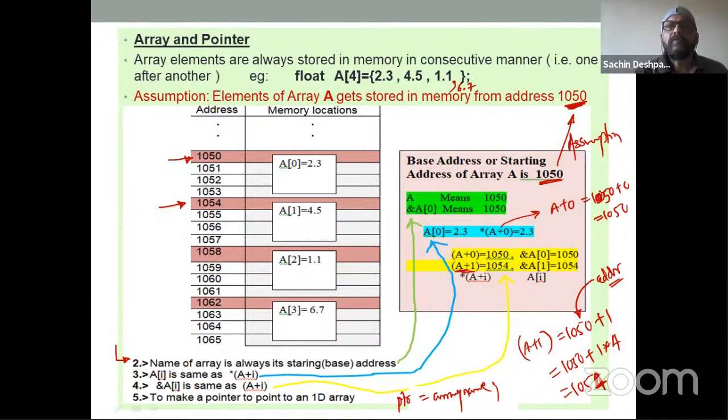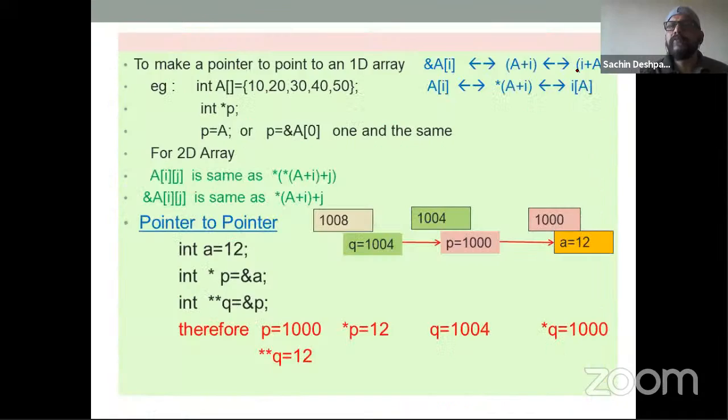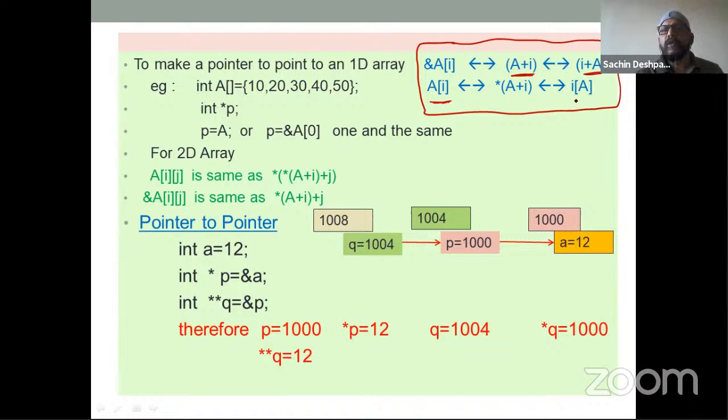So this is a simple correlation, and A of I can be replaced by just writing asterisk (A plus I) or asterisk (I plus A), or I square bracket A, and this is very interesting. A of I can also be expressed as I of A in C language.